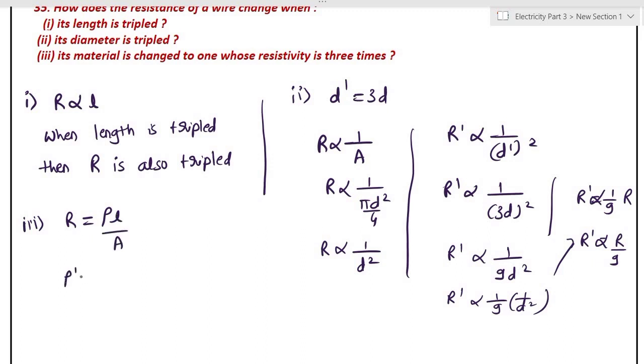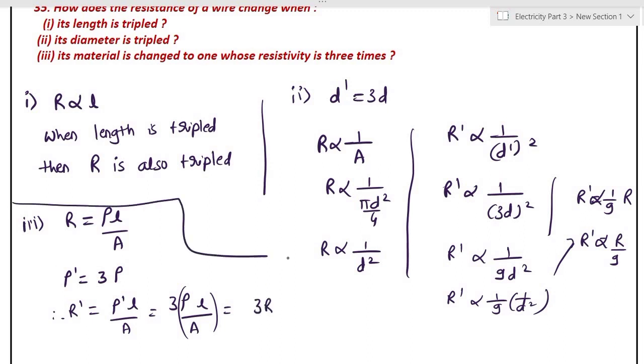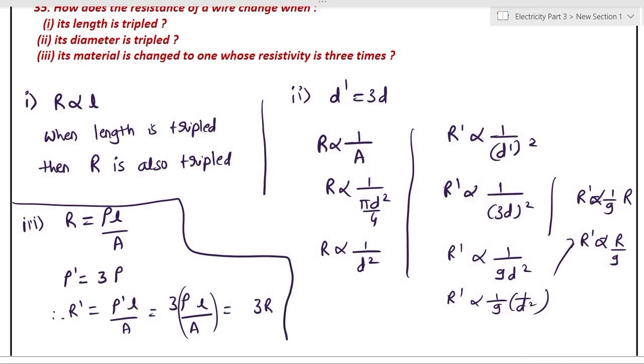If rho dash is 3 times the original resistivity, then R dash is equal to rho dash L divided by A, which is 3 rho L divided by A. Rho L divided by A is R, so it is 3R. The new resistance is 3 times the original resistance.